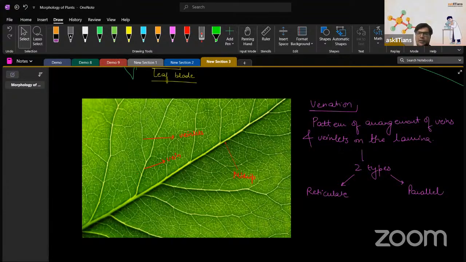Let me show you a reticulate pattern. Actually, this is a reticulate pattern, but I'm going to show you a picture that will explain it, and it will only show you the veins and the veinlets, nothing else. Actually, let me find both of them. I need a parallel one. Just a second.